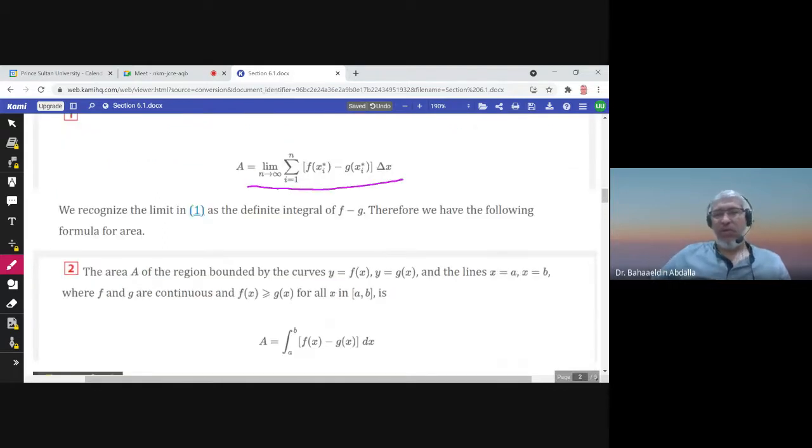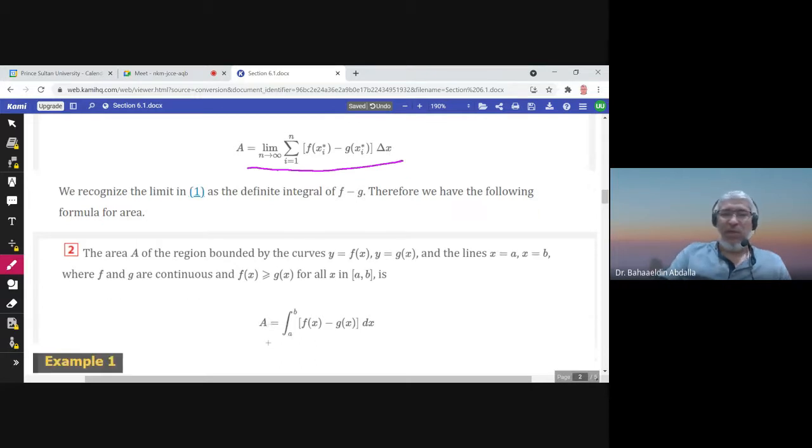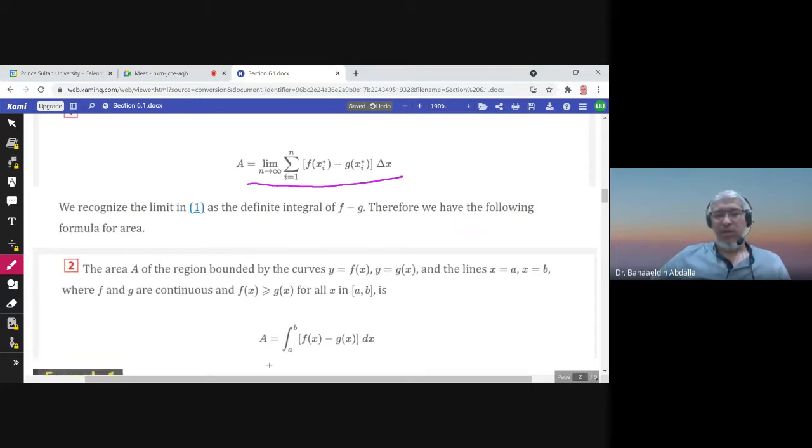If we remember, this is exactly a definite integral written like this. So the area would be the integral from a to b of f of x minus g of x. This is what we studied in chapter 5.